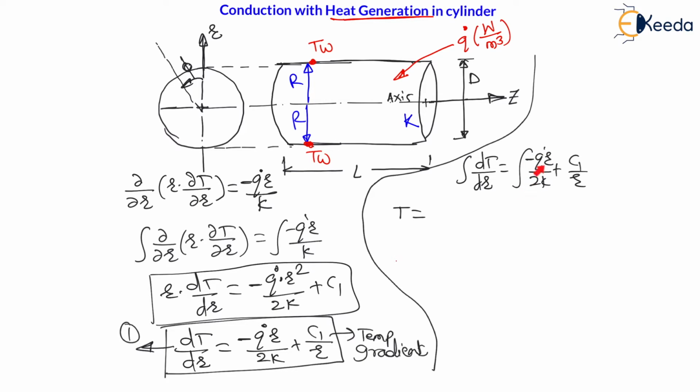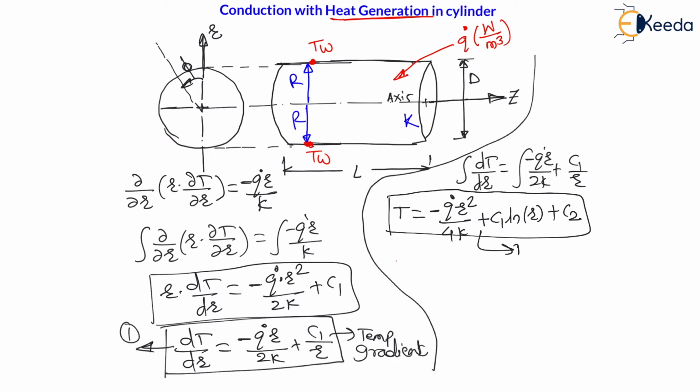So r squared by 2, and 2 into 2 is 4 in the denominator. Therefore minus q dot r² divided by 4k plus, now c1 is constant, the integration of 1 upon r will be ln r, therefore c1 ln r, and there will be a new integration constant c2. And this, my dear students, is the temperature equation or temperature profile. Name this equation as equation number 2.